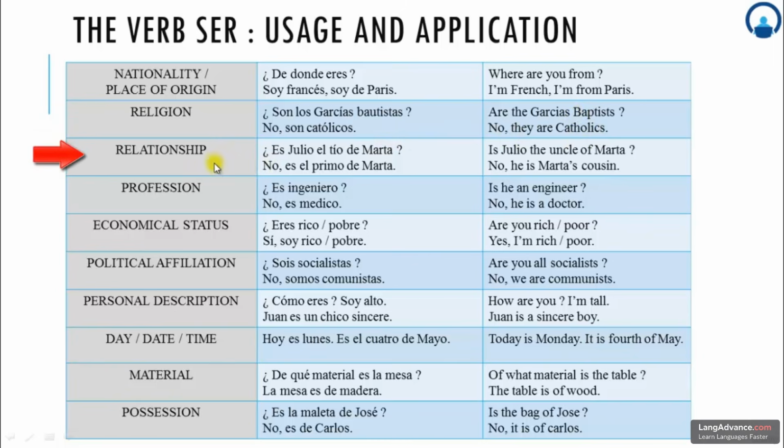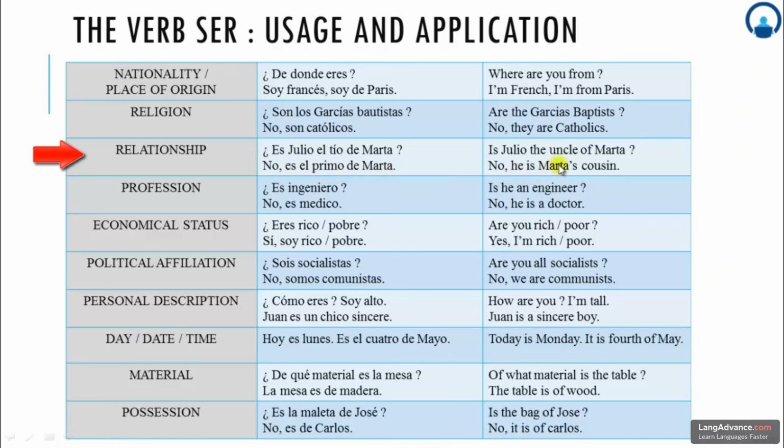Next condition, the relationship. ¿Es Julio el tío de Marta? That means, is Julio the uncle of Marta? Over here in this question, I am asking the relation between Julio and Marta, and that's why I have to introduce the verb ser. No, es el primo de Marta.